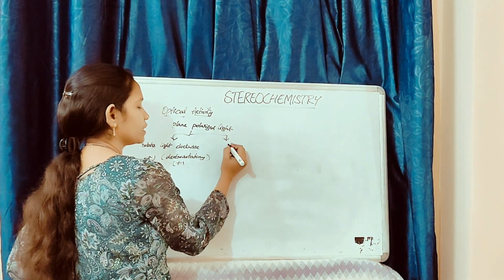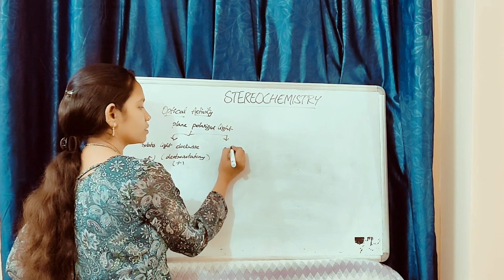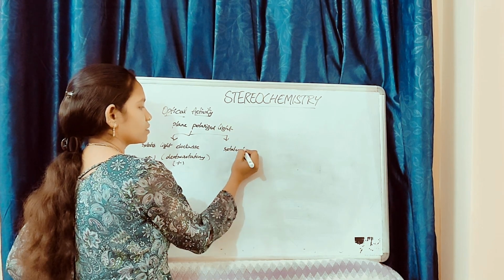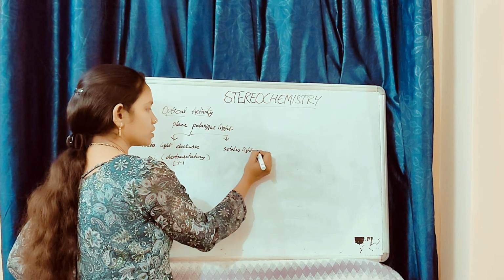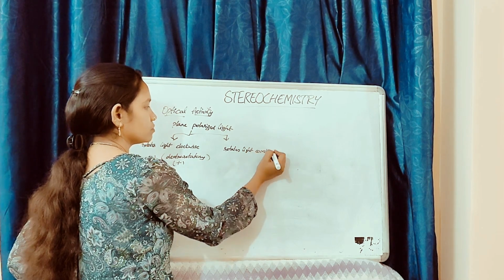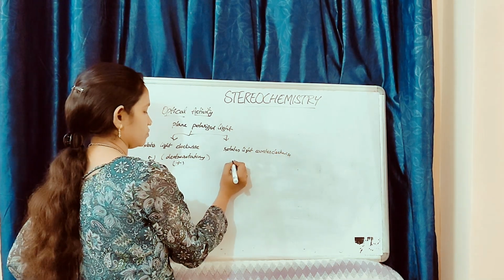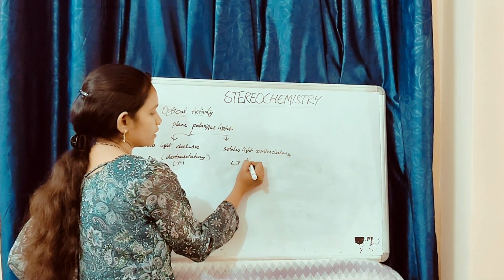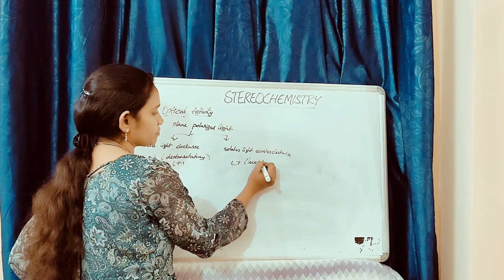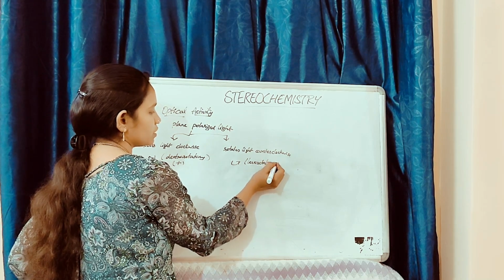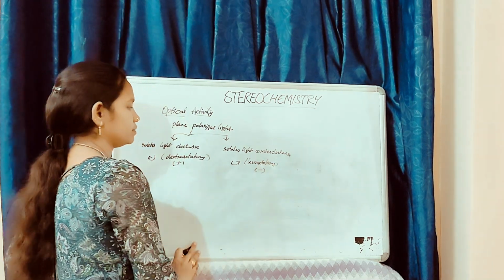If the molecule rotates light counterclockwise, then it is levorotatory. So here it is minus sign.